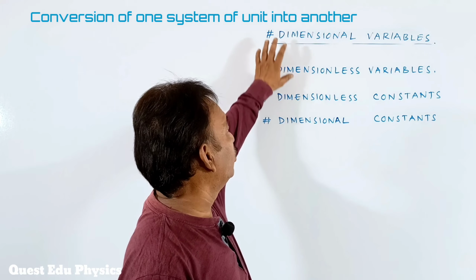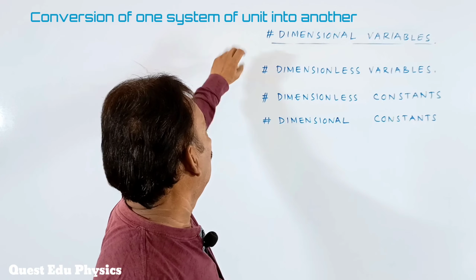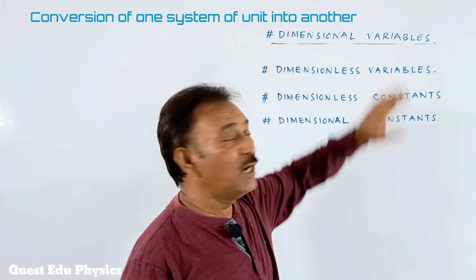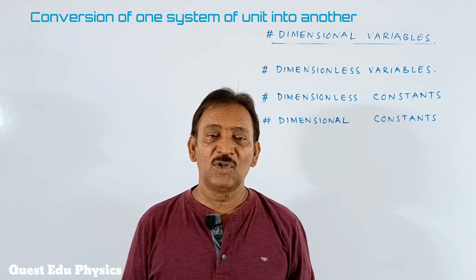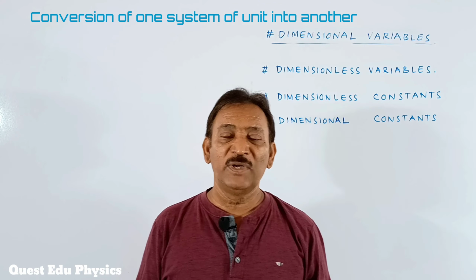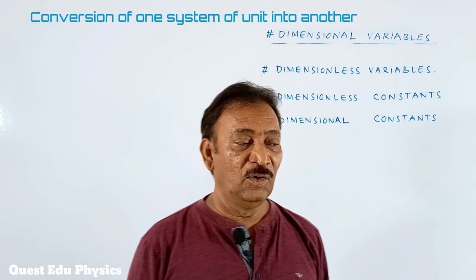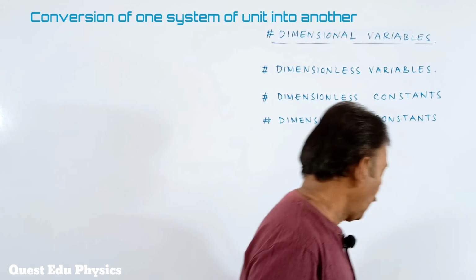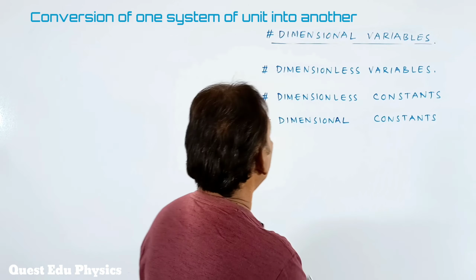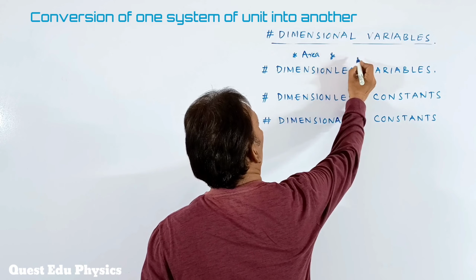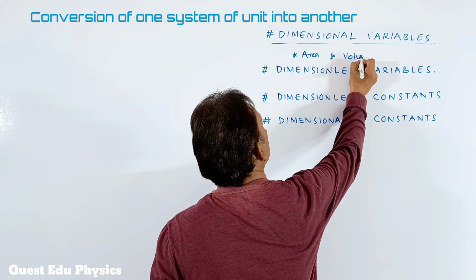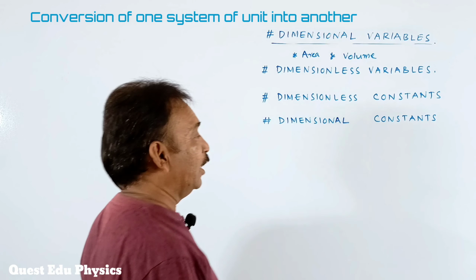See students, here I wrote four different things. One is dimensional variables. Variable means what? Which is changing. For example, take the area. Area is a dimensional variable, and volume is also a dimensional variable.